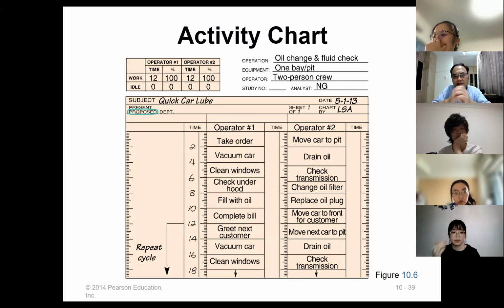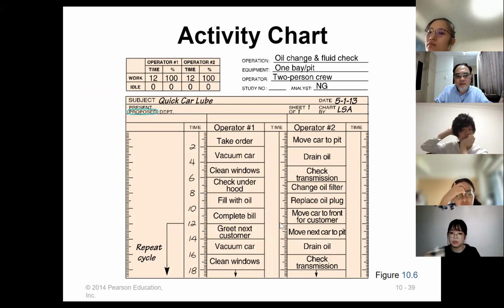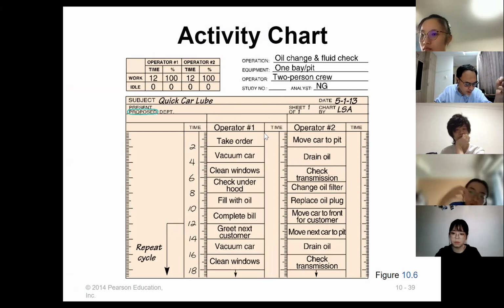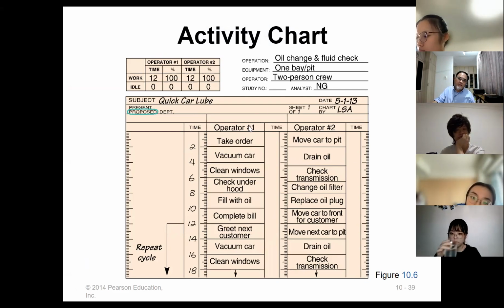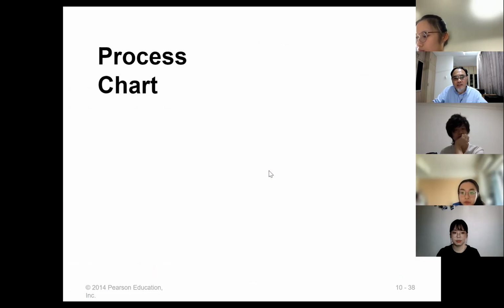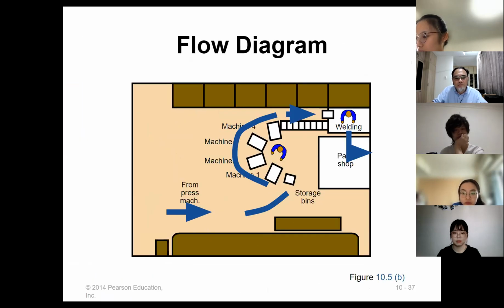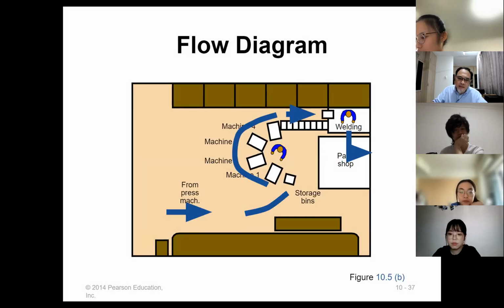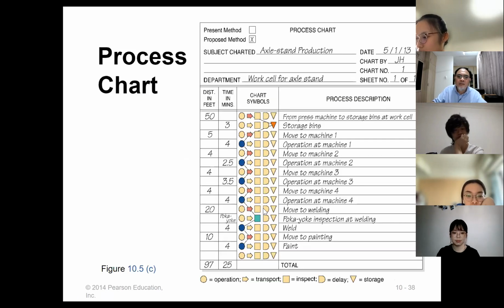But for the activity chart, there is a machine, an equipment that you work with. So this is the activity chart, used for activity of human and machine, the second type of chart. The other one is the process chart, flow diagram, which is analyzing the human flow, not human activity, human flow, and material flow.